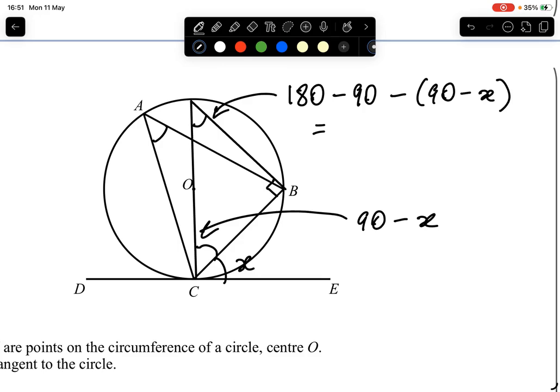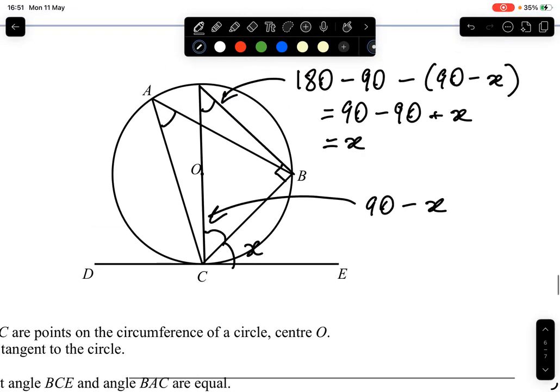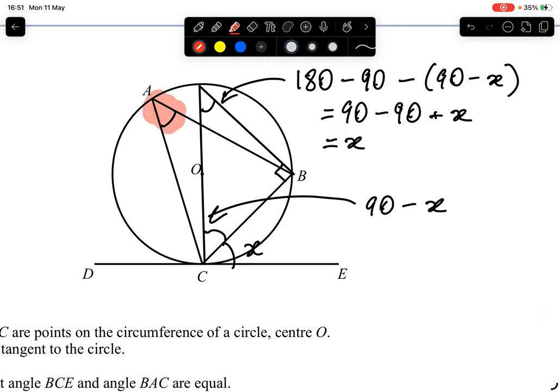Well, 180 take 90 is 90. And then if I bring that minus into that bracket, that's subtract 90, add x, because a negative times a negative makes a positive. 90 take 90 is 0, so that angle must be equal to x. So that means that this angle here, the angle I'm aiming for, must also be equal to x.